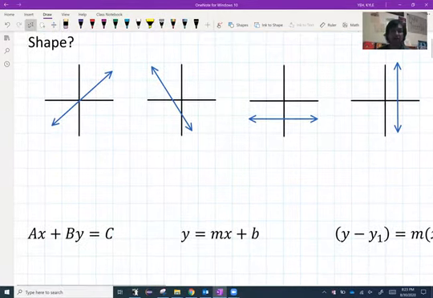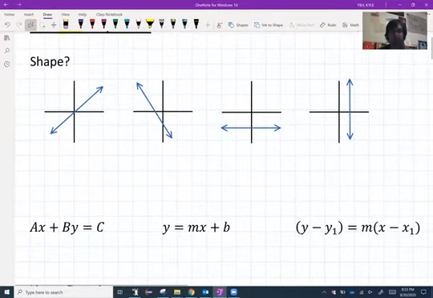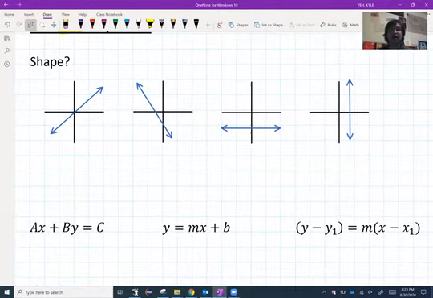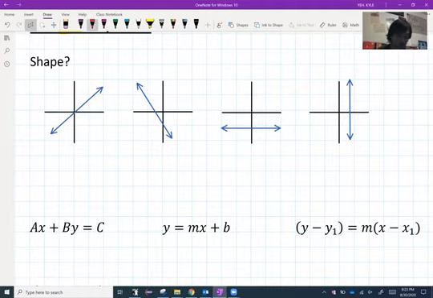When we are talking about linear equations, there are three main forms that we discuss. These are really useful both to represent linear equations, but also to interpret them when we see these different forms. The first one on the screen, ax plus by equals c, we call standard form.